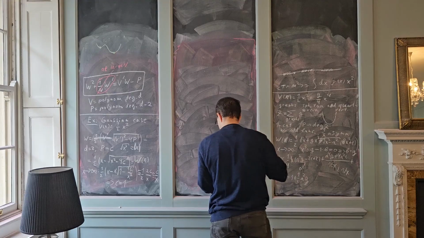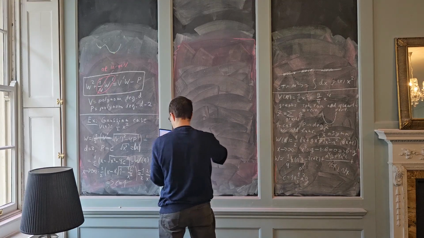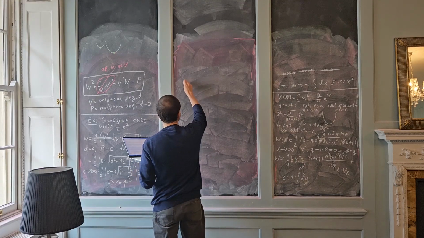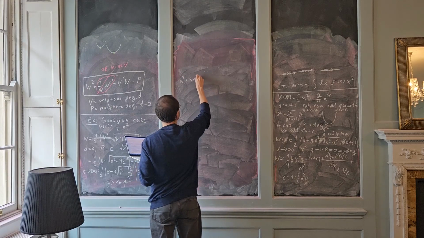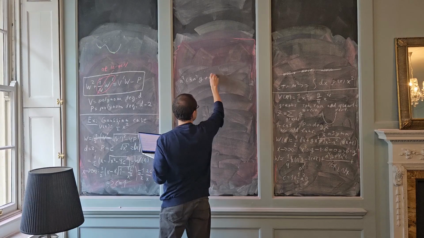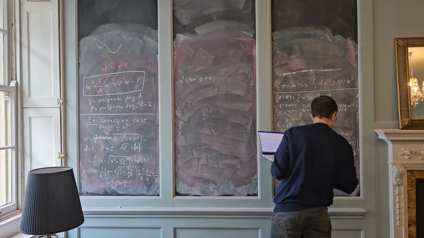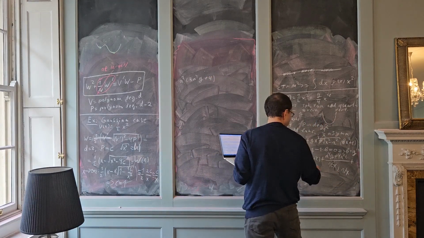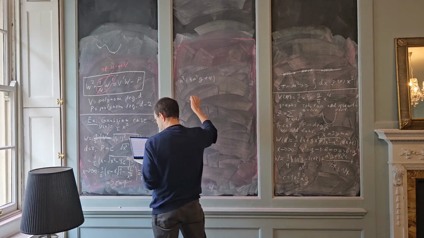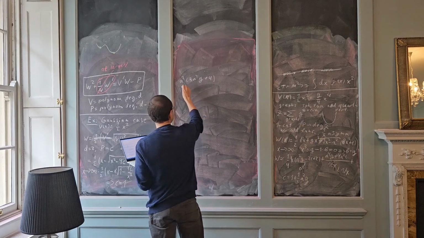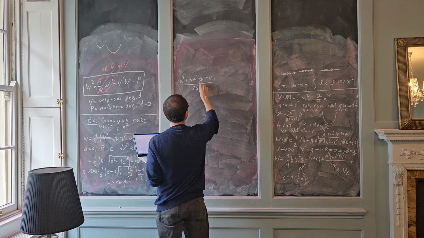So that gives the equation, you can double check that if you want: 3a squared g plus 4. Here I get 4 times 1/2, that's 2. So I get 3a squared g plus 4 over 16 equals 1.